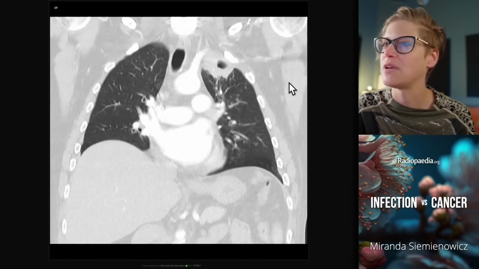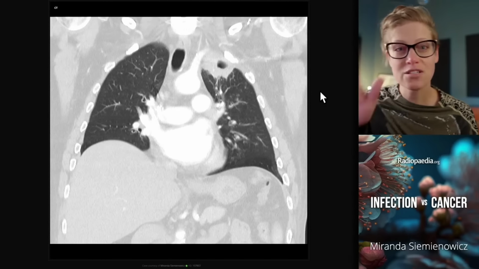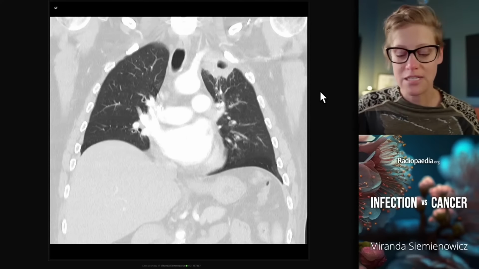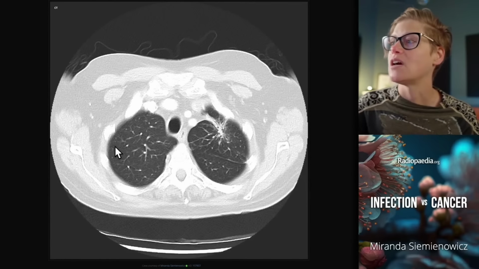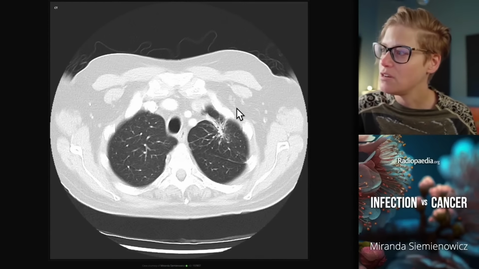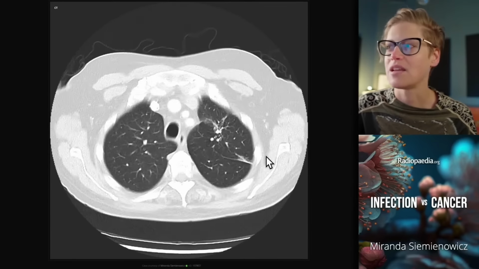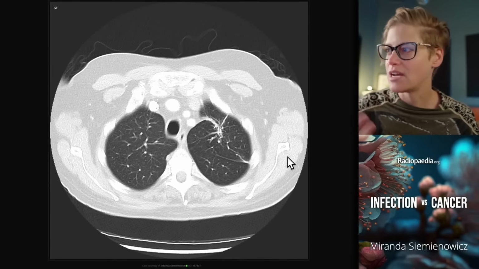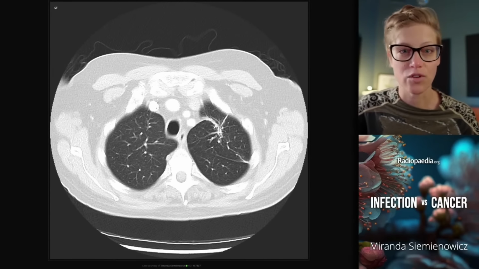And all of this tells me that this is infection, this is a don't touch lesion. Follow up CT in 6 weeks, and that's exactly what we did, and we see that the lesion has resolved. There's just some thin post-inflammatory bands, that cavity is gone, the lung is healing, and this is a focus of infection.